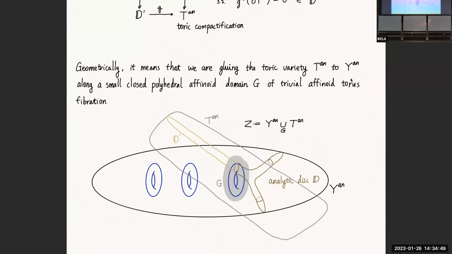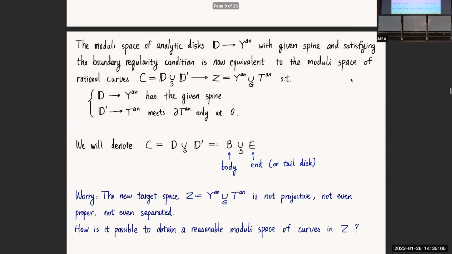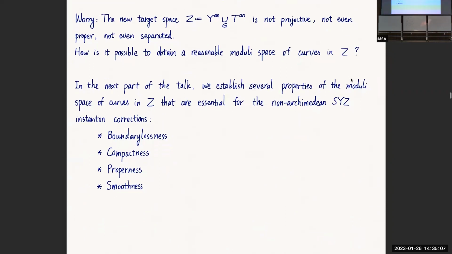Now we have interpreted this boundary regularity condition in terms of maps from this closed curve to this good target space. And of course we now worry that this target space is so different from the spaces we are used to working with.